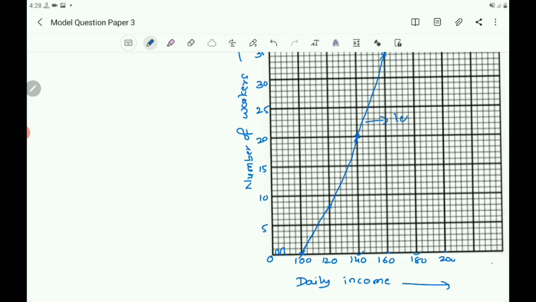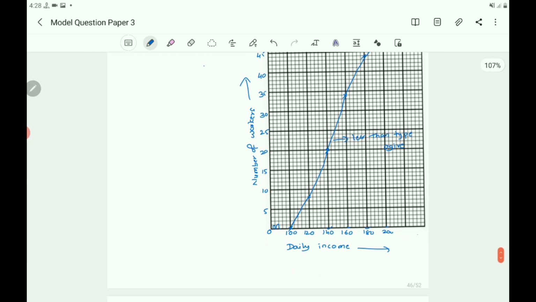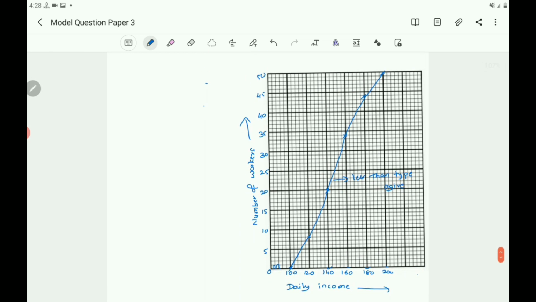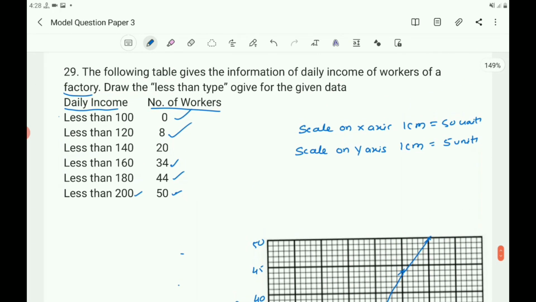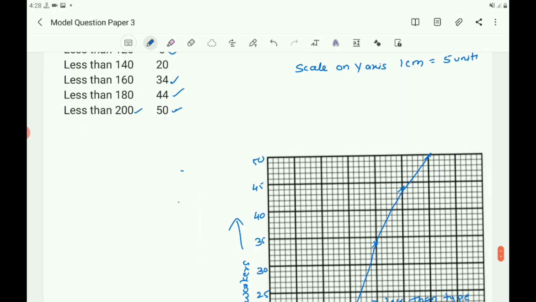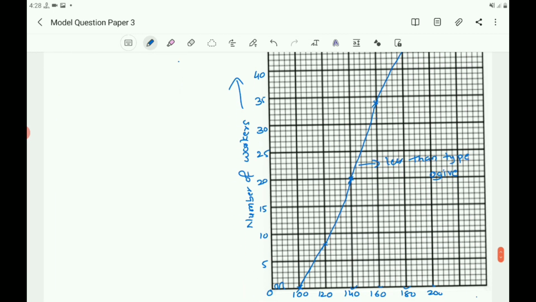This is less than type ogive. This we got the ogive, that is for the given data. Observe the ogive.